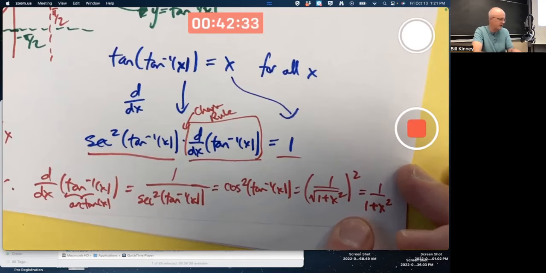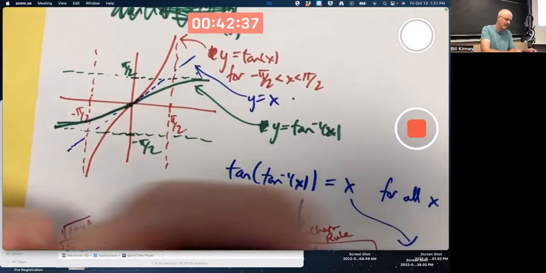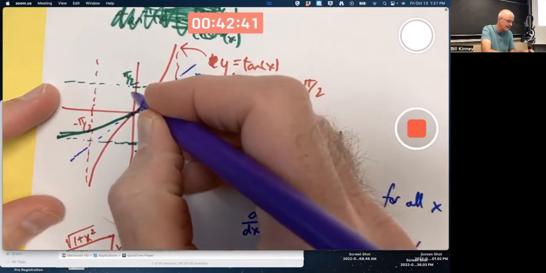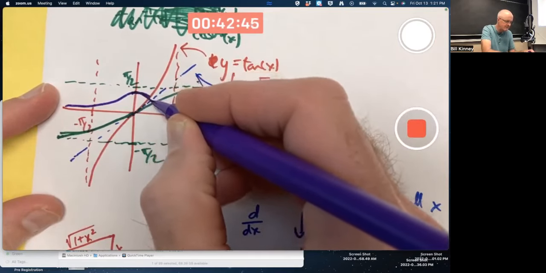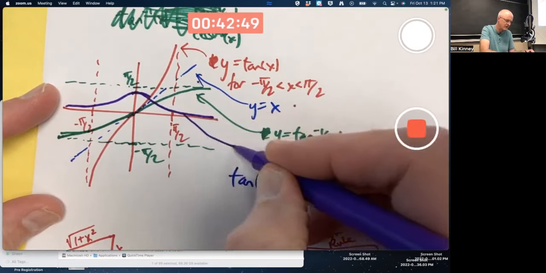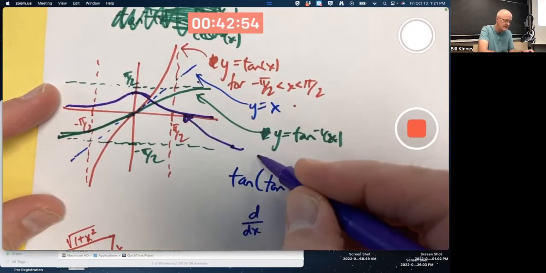What does the graph of this function look like? Graph 1 over 1 plus x squared, it turns out to look about like this. Kind of like a bell-shaped curve in statistics. It's not the true bell-shaped curve from statistics, but it looks like one.